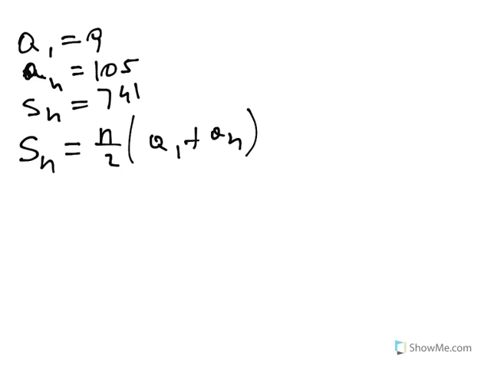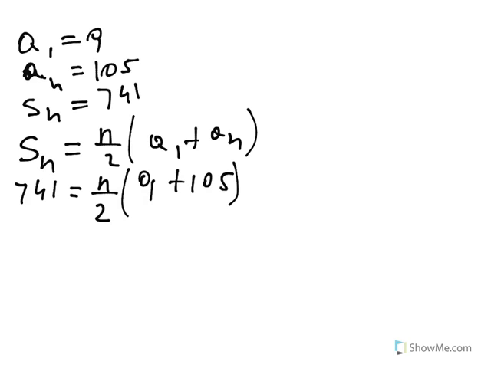And I think you know that formula right now, all of you. Now in this formula we can substitute what we know. So we know s sub n is 741. We don't know how many terms are in this series, so I'm going to leave this n divided by 2. And we know the first and the last term. First term is 9 and last term is 105.